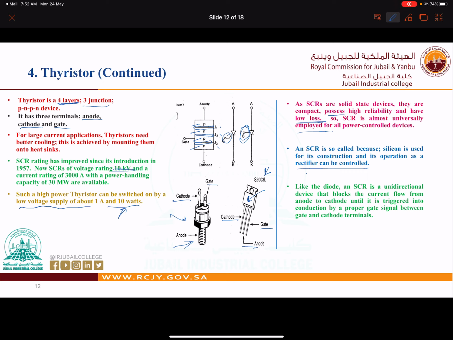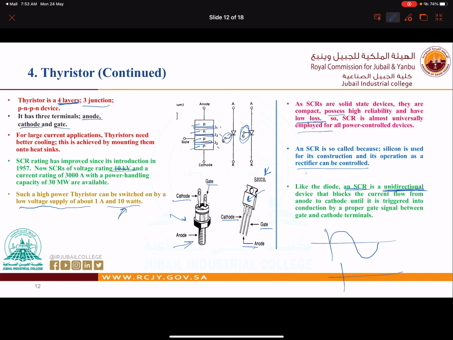Like the diode, the SCR, and this is very important, is a unidirectional device for the current and the voltage. It is unidirectional. It is one way. So if we have an AC circuit like this, so this is AC. Why is that? Because it is an alternating wave, right? It is alternating between the plus and the minus. For the thyristor and the diode, it is the same.